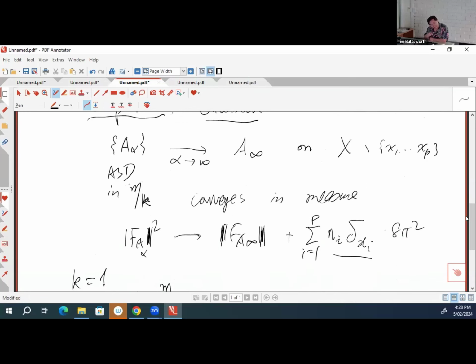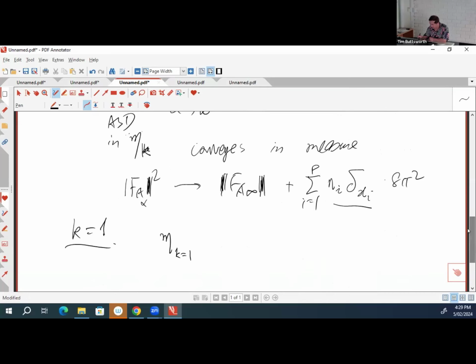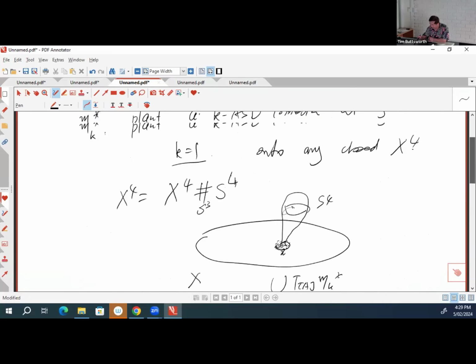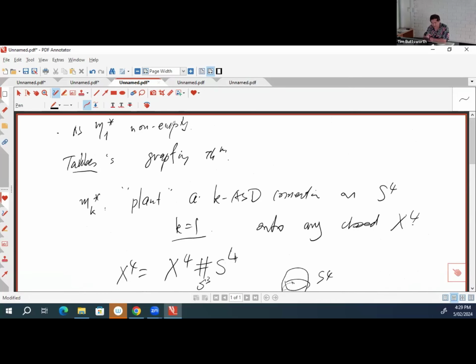I didn't state the Uhlenbeck theorem. Uhlenbeck has two theorems. One is about small curvature, and puts the connection in a certain gauge called Uhlenbeck gauge. The other is the removable singularity theorem, which in a way is the inverse of Taubes' result, which is that Taubes can graft the instanton on S4 onto the manifold X minus a point.